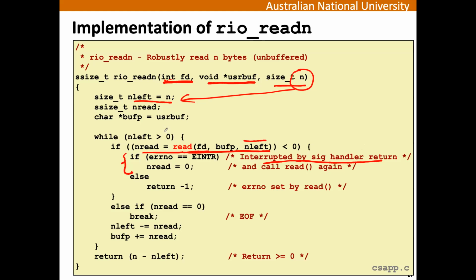What they are doing here is, in a while loop, they come back here and make the system call again until you read all the bytes that the programmer wants to read. As long as n bytes is greater than 0, you keep issuing the system calls. And this is something that the read system call, it's one system call, it doesn't do. And this is why this wrapper is more robust than using the system call itself.